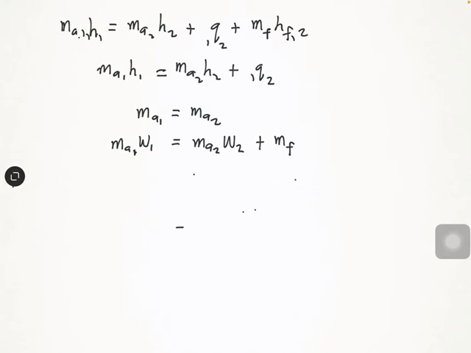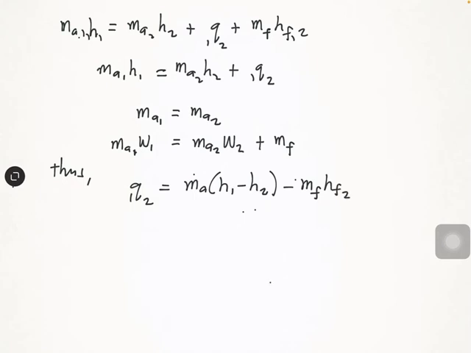So thus the Q1 to 2, this is MA times H1 minus H2 minus MF HF2.